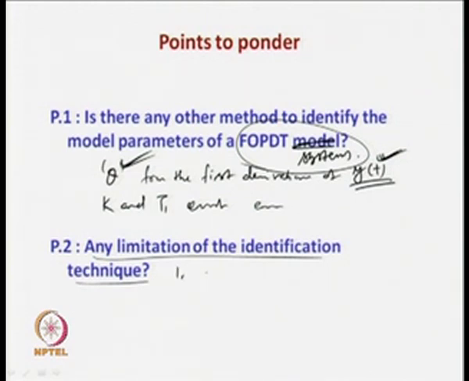One is the ratio between the dead time to unstable time constant of the first order plus dead time unstable systems. If this ratio is not large, then only a sustained oscillatory output can be obtained. That is one of the limitations of this identification technique.